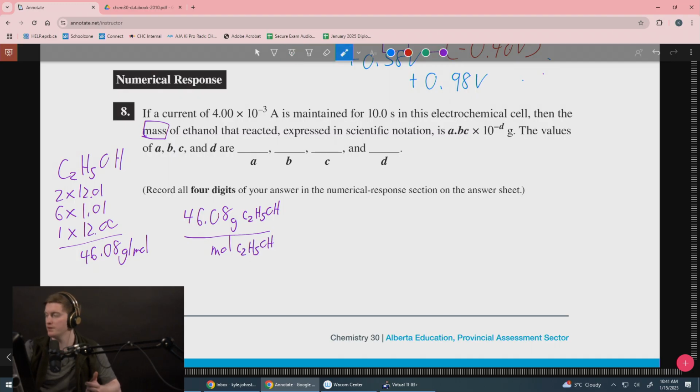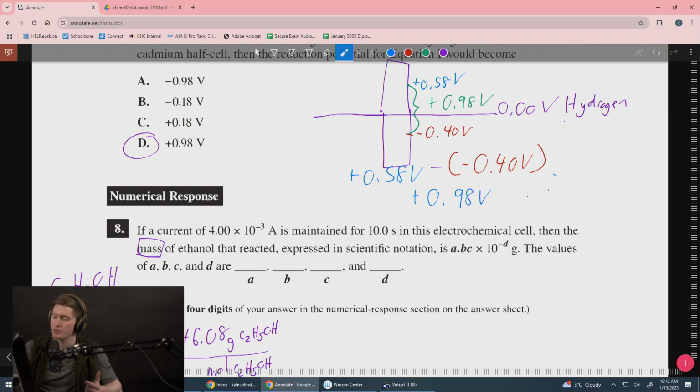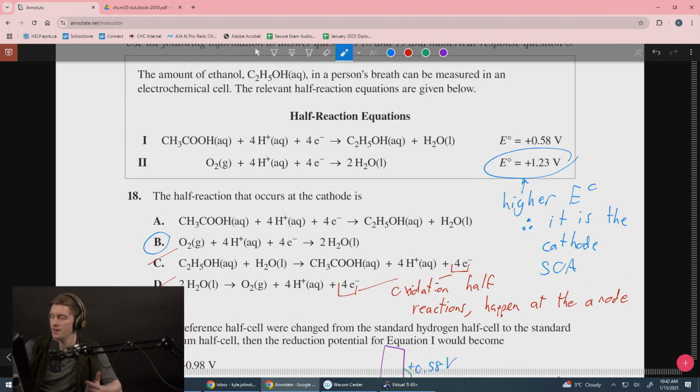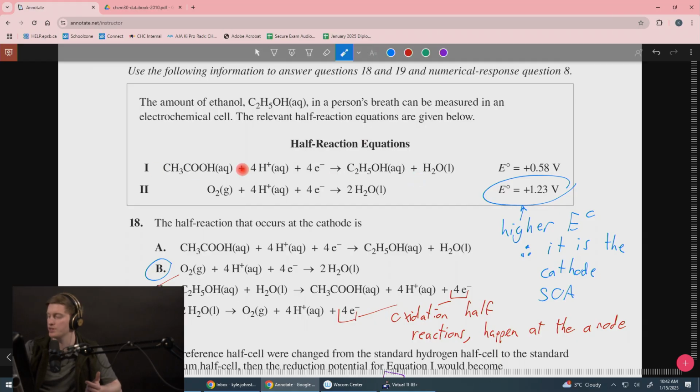Now, I have to figure out how I can go from this to just grams. So what can I cancel with moles of ethanol? Well, I have a reaction here, and I'm using this reaction here. I have 1 mole of ethanol for every 4 electrons.